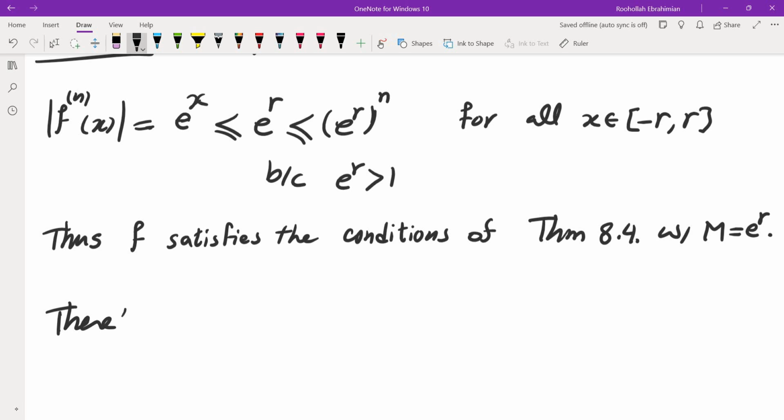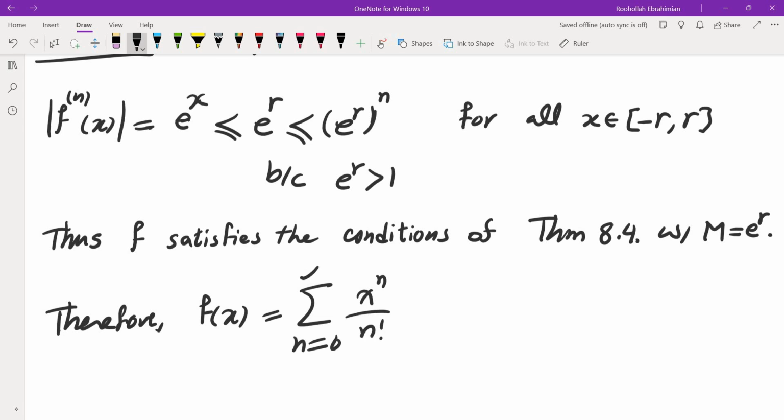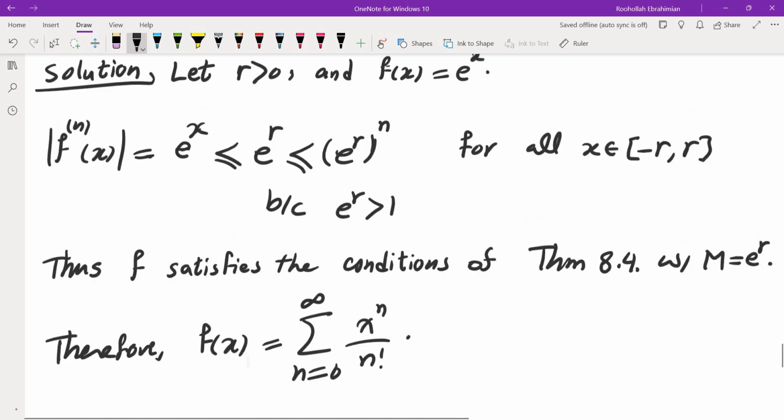Therefore, f of x is equal to the sum x to the n over n factorial, n equals 0 to infinity. We have shown that the Taylor polynomial of f of x is the sum of x to the k over k factorial from 0 to n. So this is something we have done before.